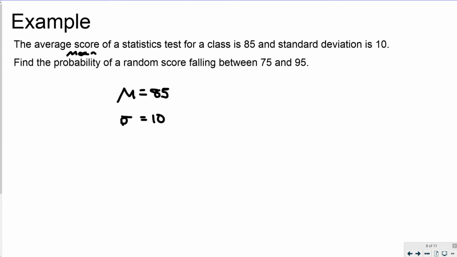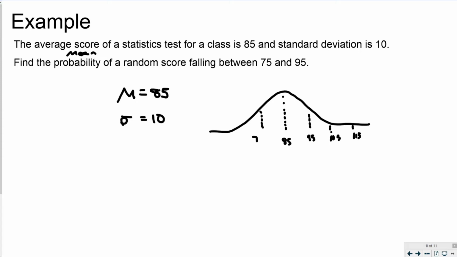So if I were to make my normal curve, and it's a haphazard one, thanks for bearing with me on this one, I'd have my 85 here, and then it would go 95 for one deviation, 105 for the next one, 115 for the last one this way. It would be a 75 here, a 65, and then a 55.